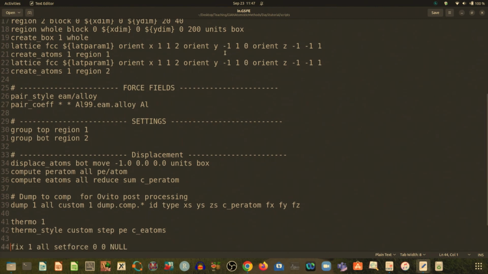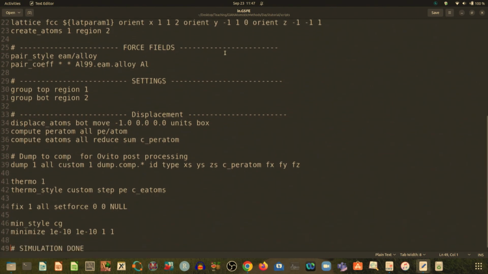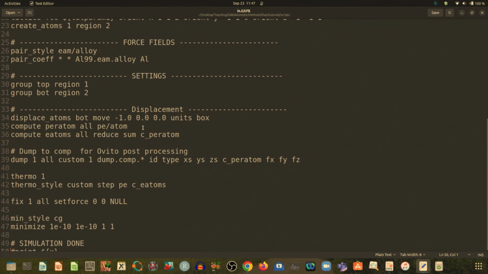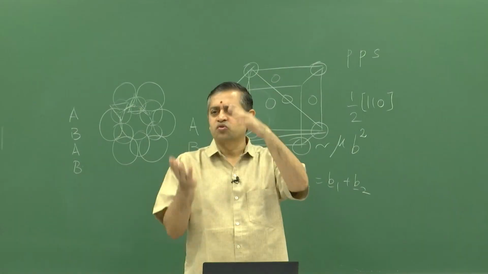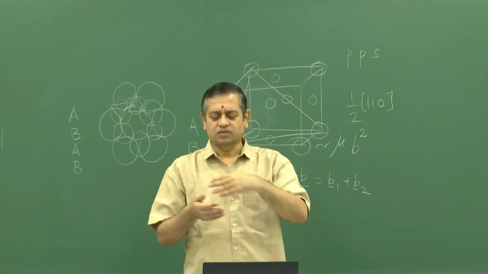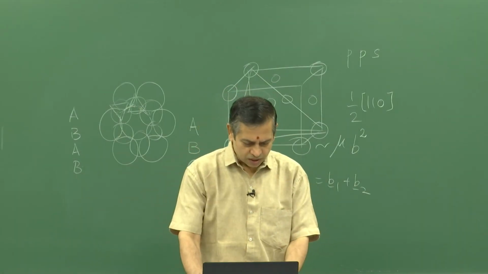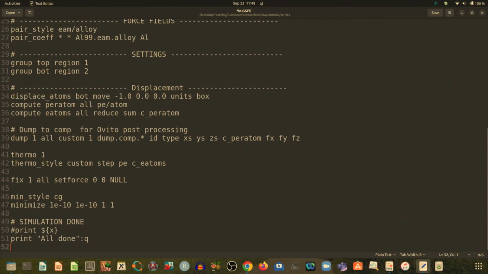I think it moves the top and calculates energy by doing the minimization. That is all there is to it. Like I said, it is a very simple calculation. It is a static calculation like our lattice parameter calculation. There is no molecular dynamics loop at all. You just move, calculate energy, print it out, and you need the potential, and the potential is there.